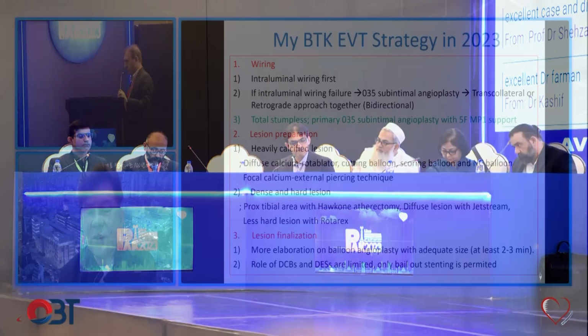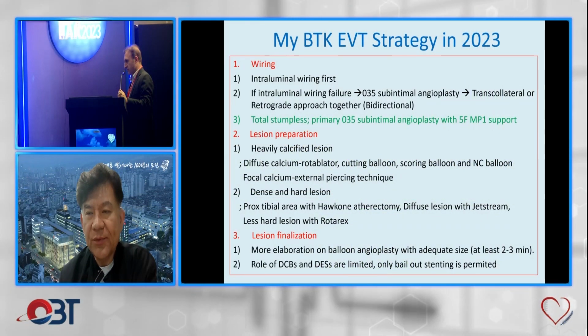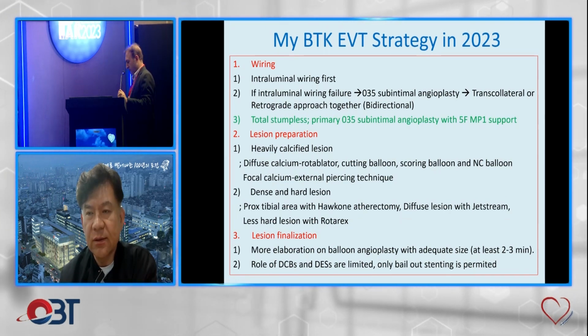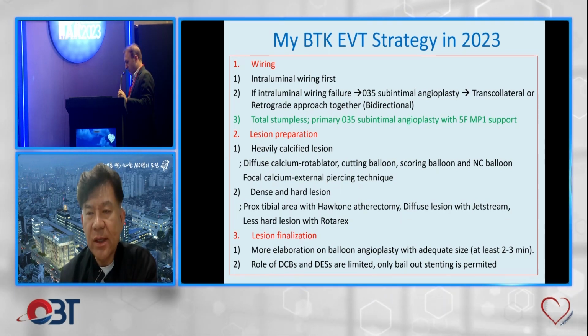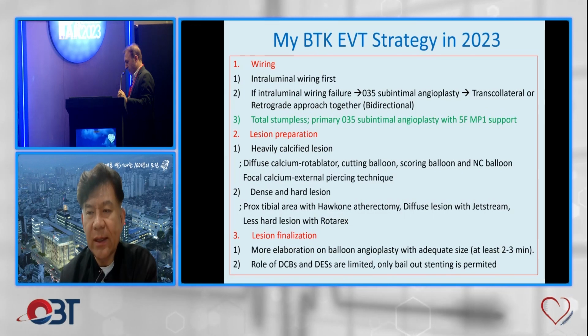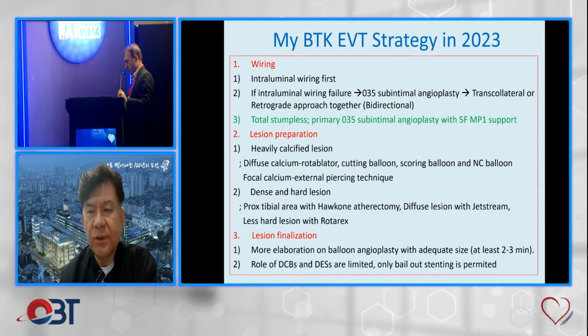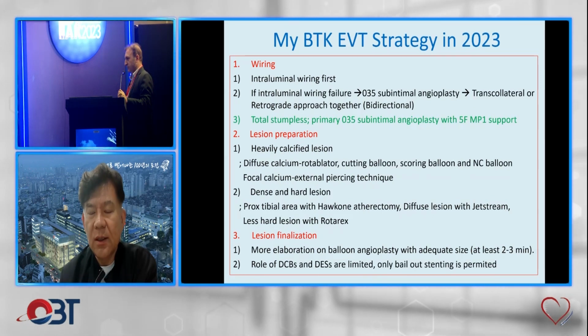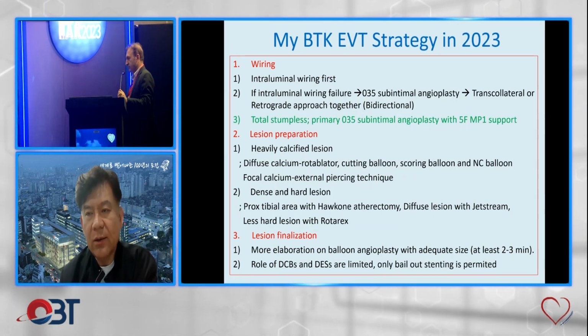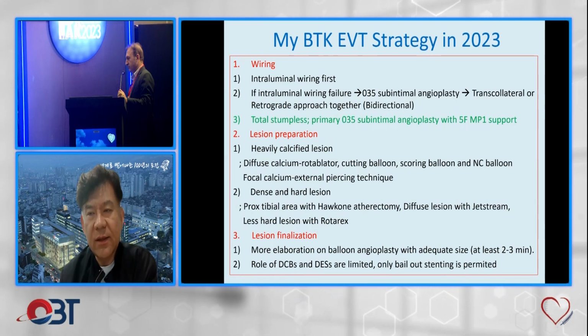Yes, my strong message is we are not doing the endovascular procedure for BTK for cosmetic reasons. We are proposing it for functional recovery and limb salvage. So with this kind of long course reduction of the blood flow, whether by intraluminal or subintimal tracking, it doesn't matter.